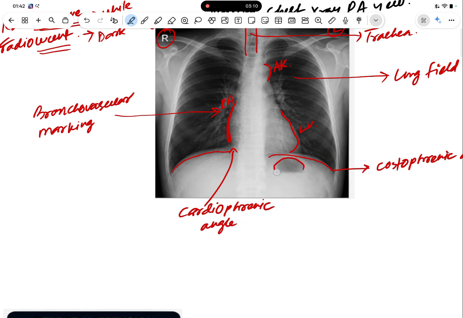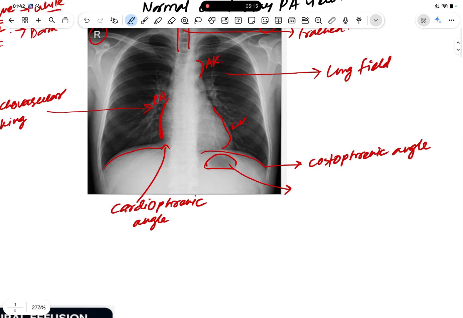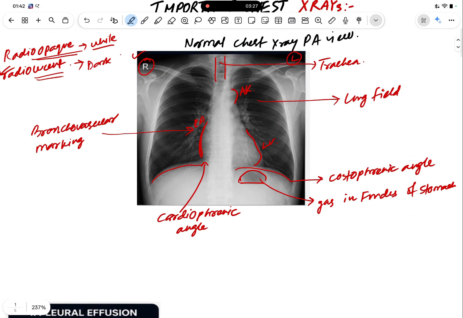This radiolucent or blackish thing represents gas in the stomach, gas in the fundus of the stomach. This is also known as the fundal gas shadow. This is the lung field, this is the clavicle, these are the ribs, and this is the spine. So this is a normal chest X-ray.